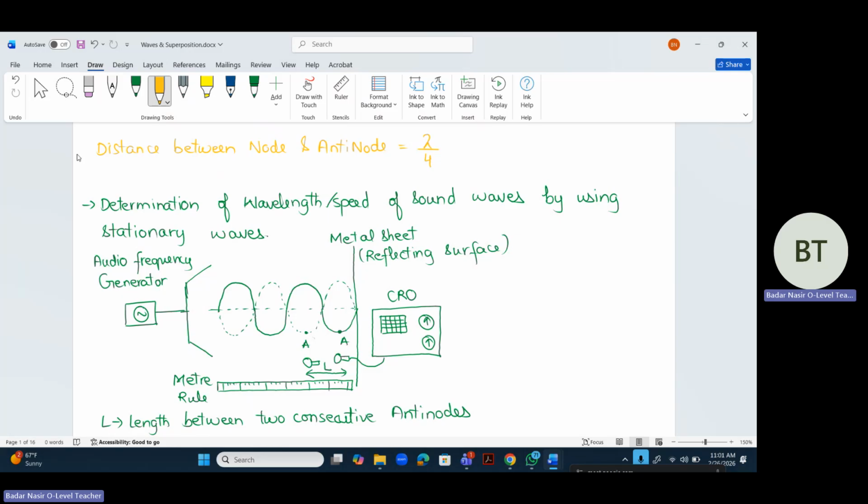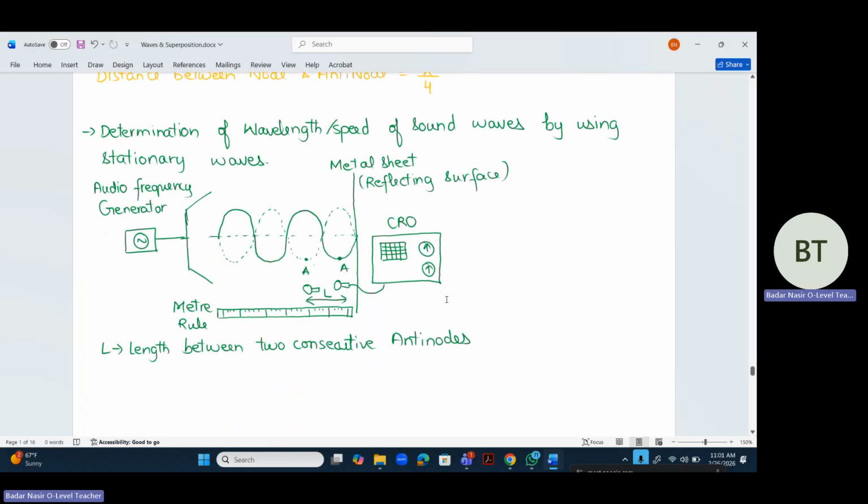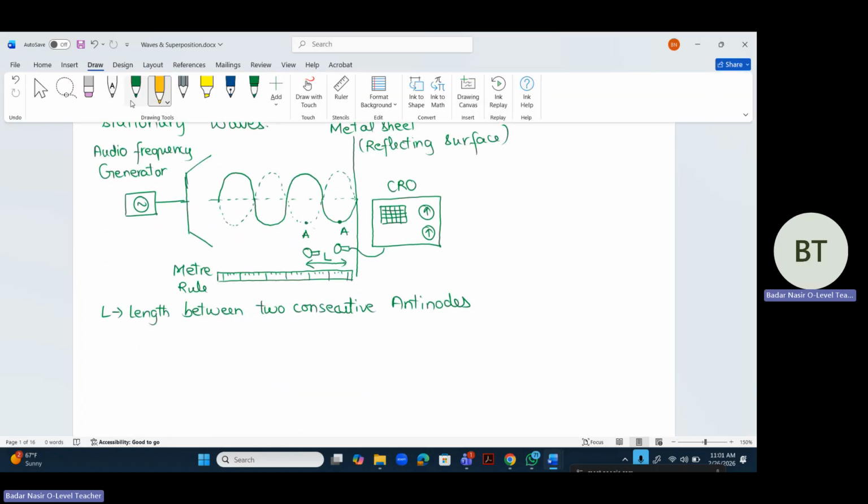Now, antinode और antinode, हमने ऊपर एक बात लिखी थी कि distance between node to node is lambda by 2, and so is the distance between an antinode to antinode as well. ठीक है? So distance between node to node or antinode to antinode, the distance is lambda over 2.